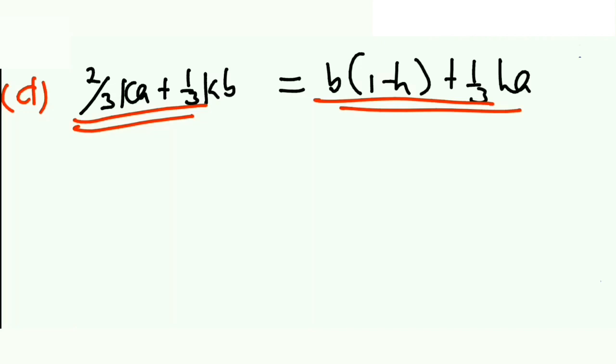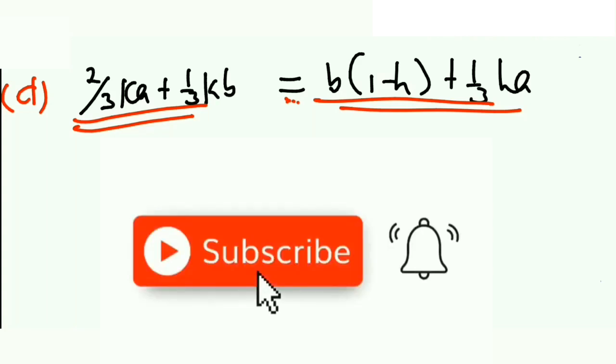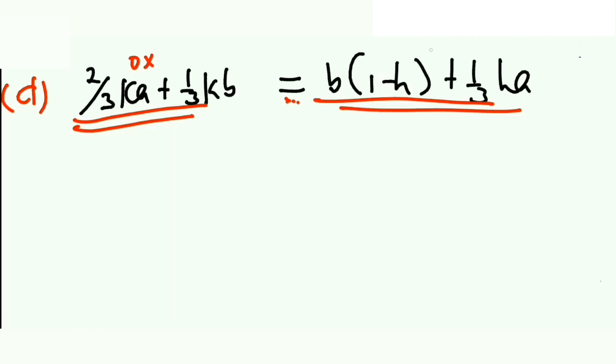To find the constants, that is H and K, we have to equate the two equations of OX. This is OX, and this is also OX. So you have to equate the two equations for OX. The next stage here is to collect like terms.